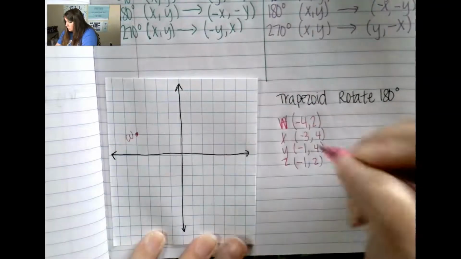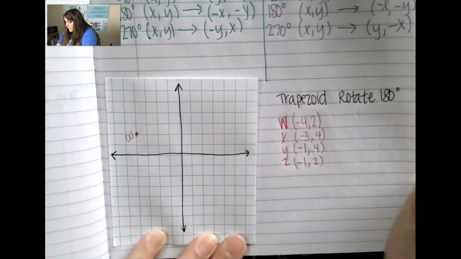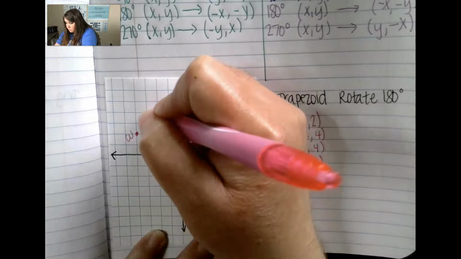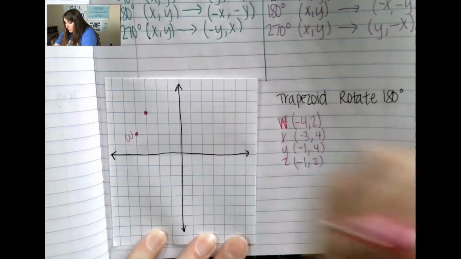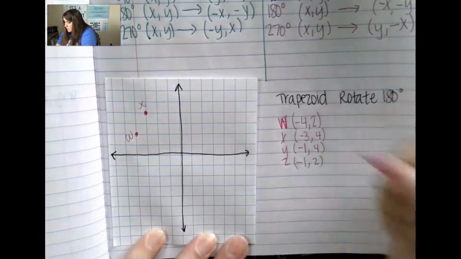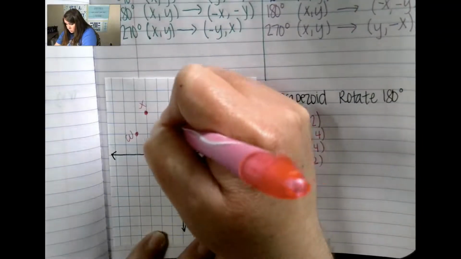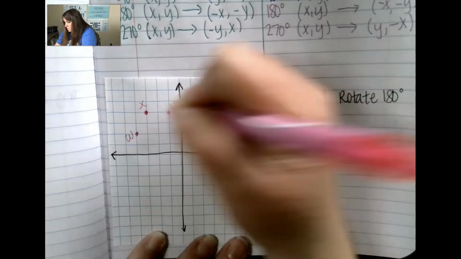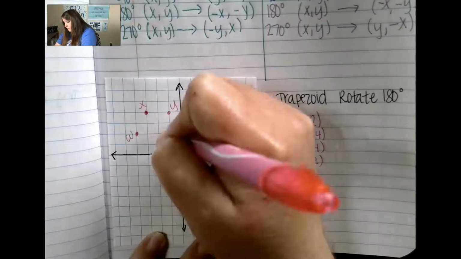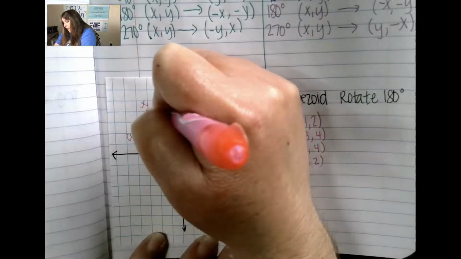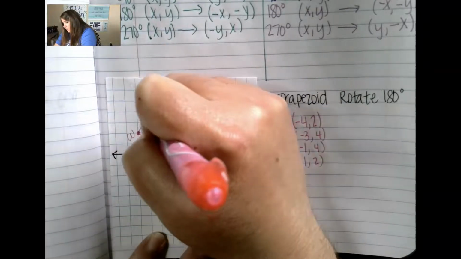That's W. Then I want X is negative 3, 4. Negative 3, 1, 2, 3, and 4. And that is X. Y is negative 1, 4. Negative 1, 1, 2, 3, and 4. And Z, negative 1, 2, Z. All right, so we have our trapezoid here.